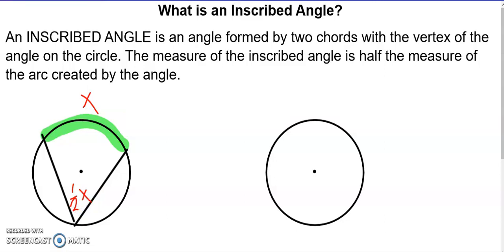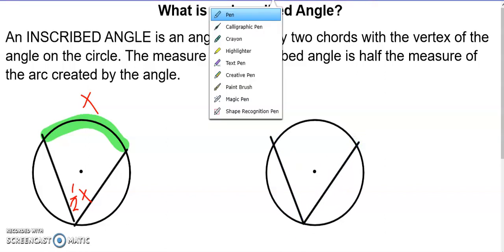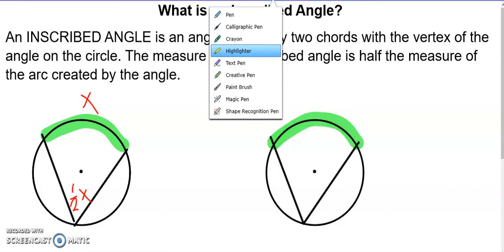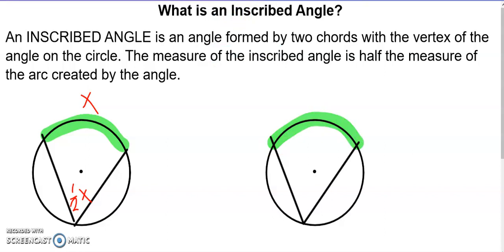Another way of looking at it is if I give you an inscribed angle, an angle made by two chords whose vertex is on the circle, and we see the inscribed arc right there, and I tell you this angle is x, we know the arc is 2x. Both of those formulas work, and we're going to see that in class tomorrow.